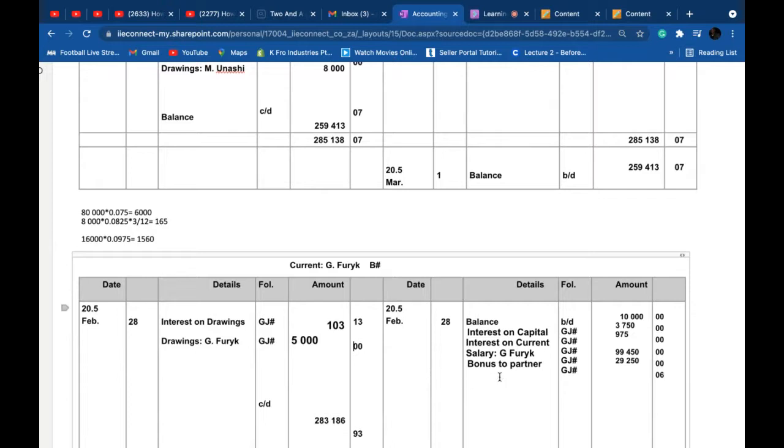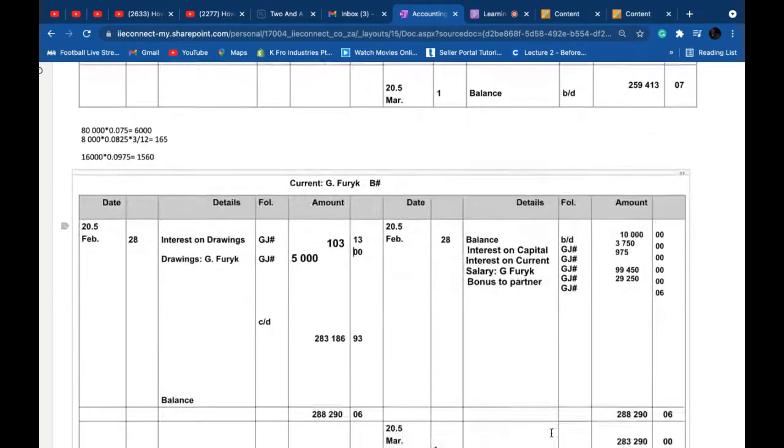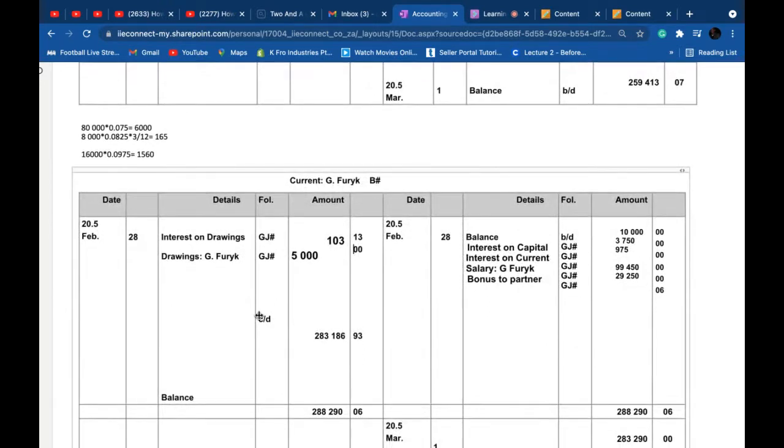Okay, right. Is there anything else that we need to do here? Think about it. Is there anything else that we need to do in the respective current accounts? What was the last thing that we did in the appropriation account yesterday in 5.3?